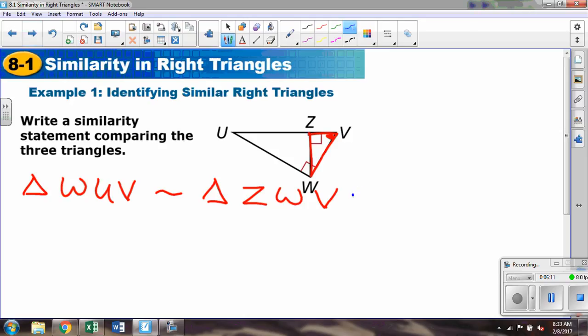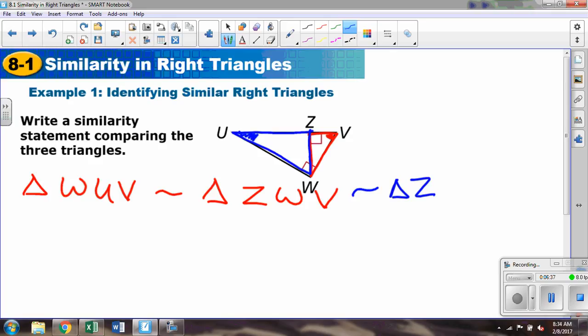Additionally, we need to have the similarity for the medium-sized triangle. And in order to do this one, I'm going to match it with triangle WUV at the front. Once again, 90 matches 90, so Z is my 90-degree angle. In this instance, angle U is the shared angle.